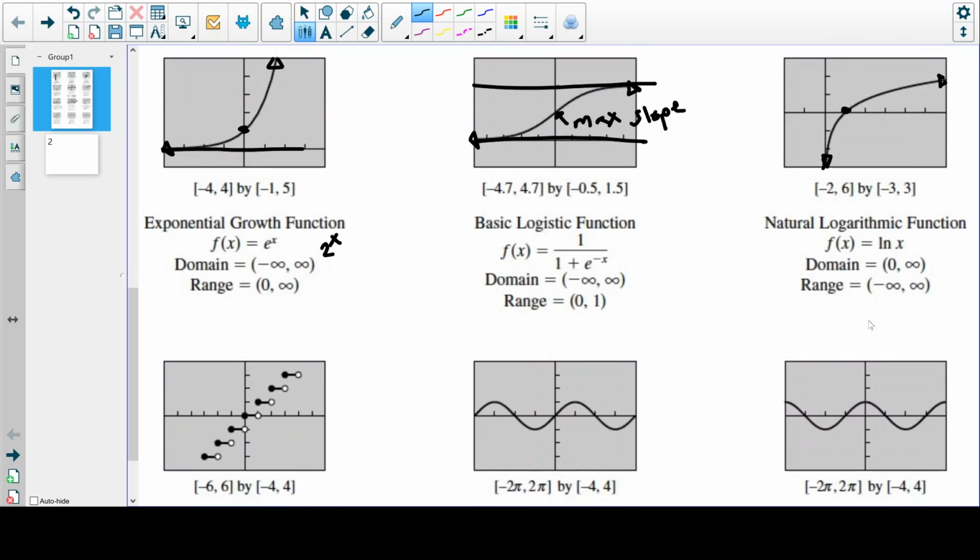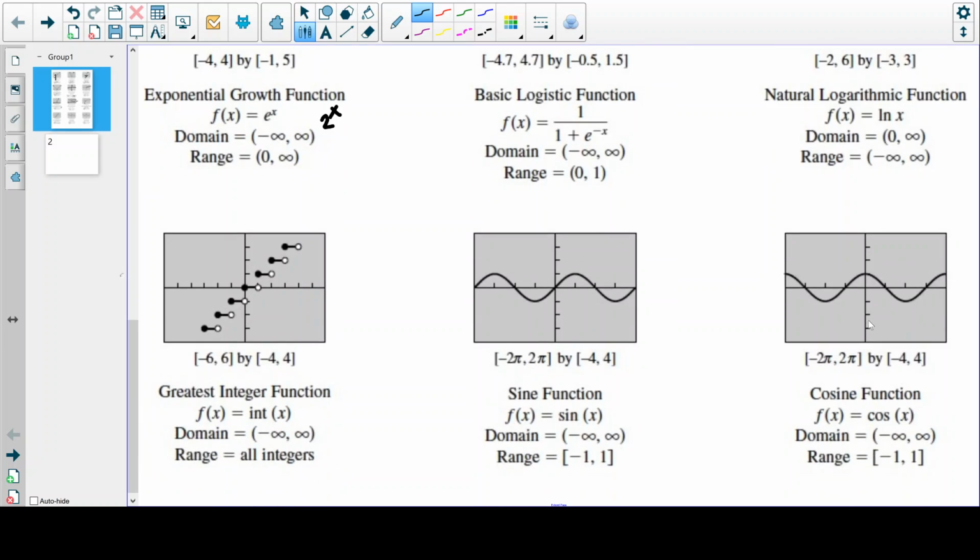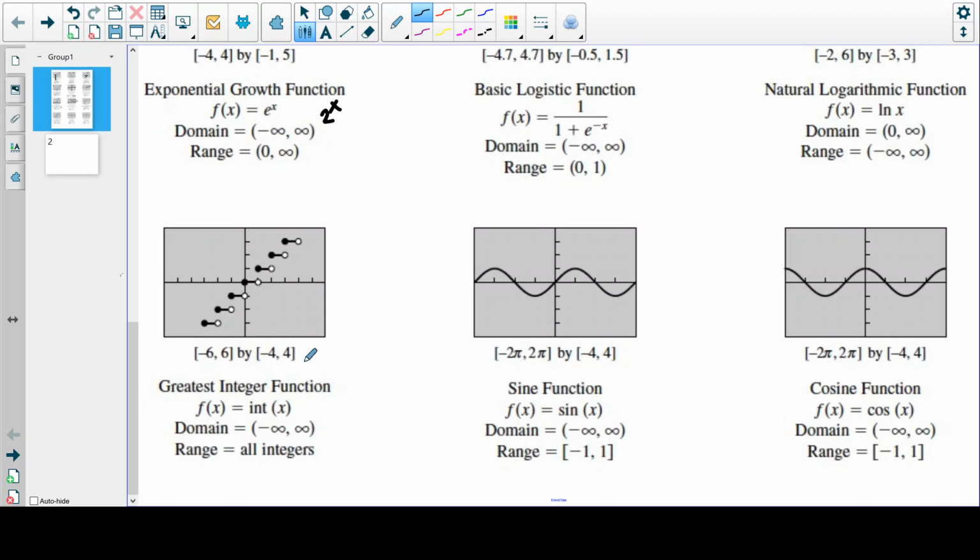Okay. Number 10. Greatest integer function. You may have seen this, and you won't touch it very much in calculus, but it is very useful to know. And basically, it's actually very useful in programming too. But basically, it takes all the values. You can almost imagine this is sort of like a line here.